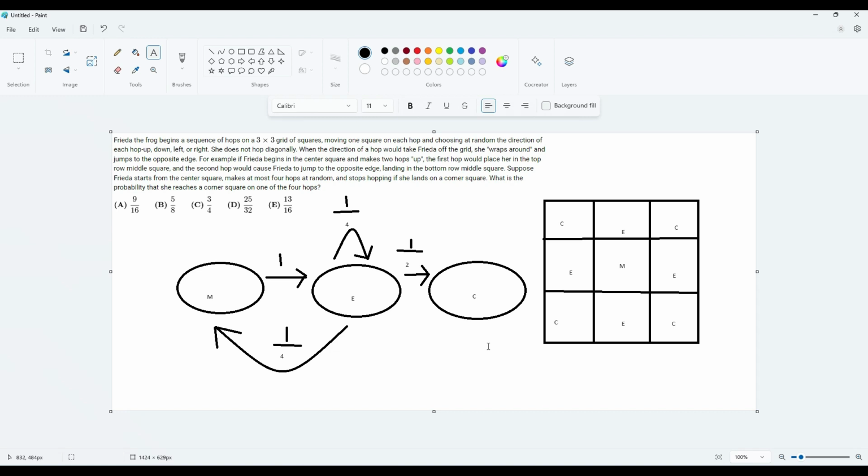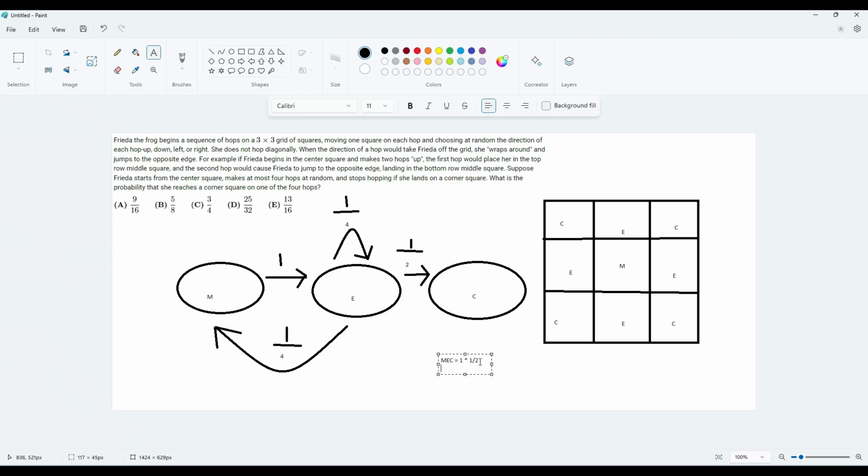Because the middle's always going to an edge, and to reach a corner, it will be arriving in the first 2 moves. That would be case MEC, where it actually starts in the middle, goes to an edge, which is a probability of 1, and then goes to a corner, which is a half probability. So really, it's just 1 times 1 over 2.